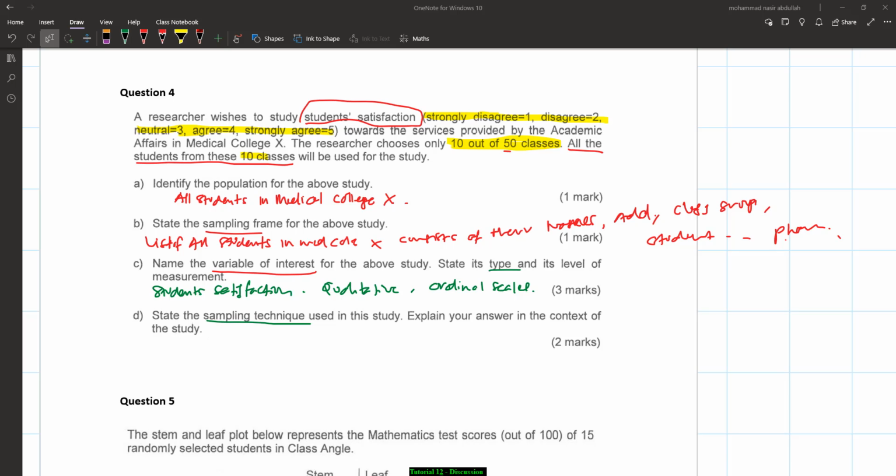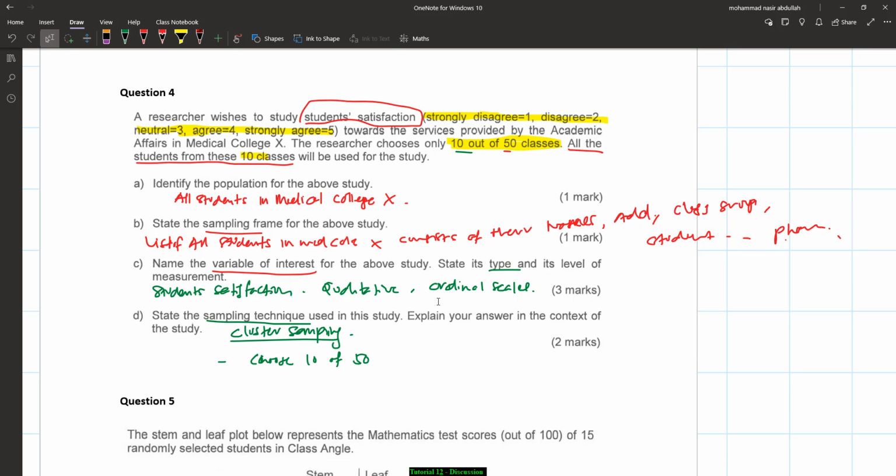Nurul Ashikin. So what is, sorry? Yes, why cluster sampling? Okay, the first one, they randomly choose 10 out of 50 classes.